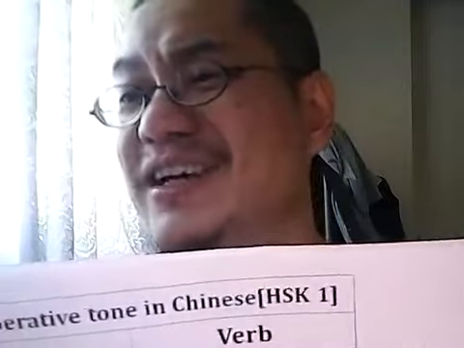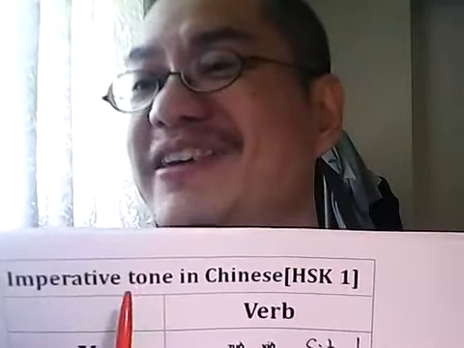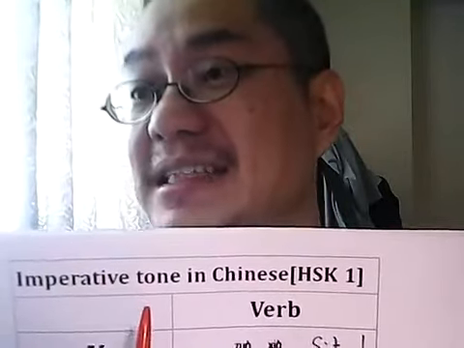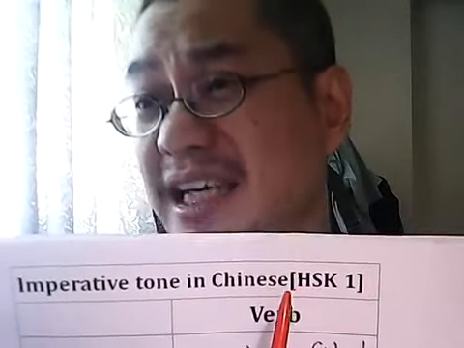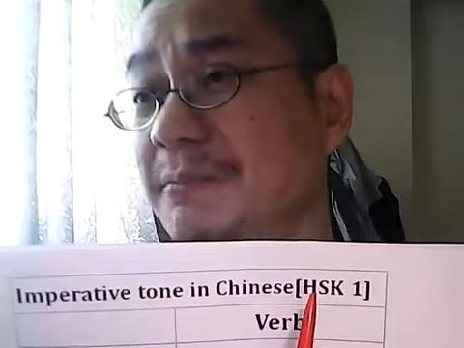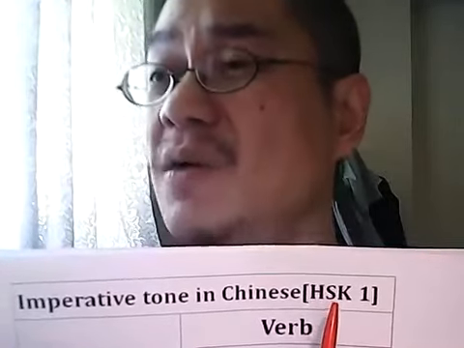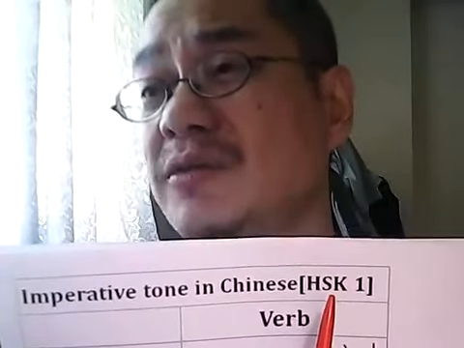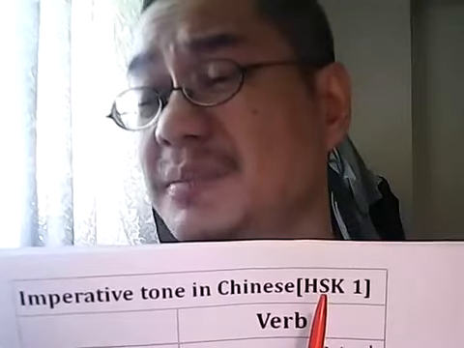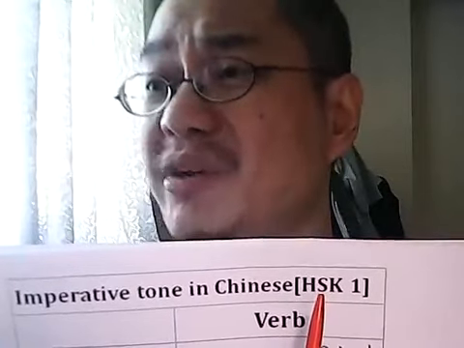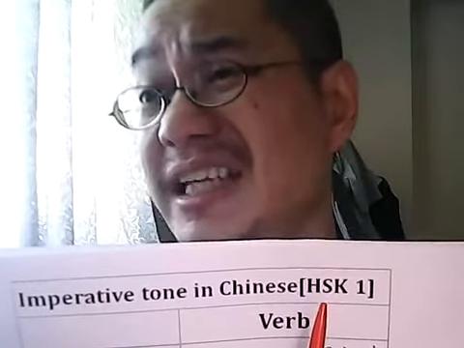That's all for the imperative tone. Okay, and this is a very important and basic tense in Chinese because it is in HSK level 1. So if you are a Chinese beginner, please practice it hard in your daily conversation because we use it every day, maybe thousands of times.